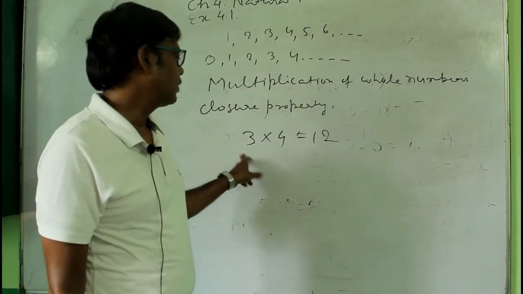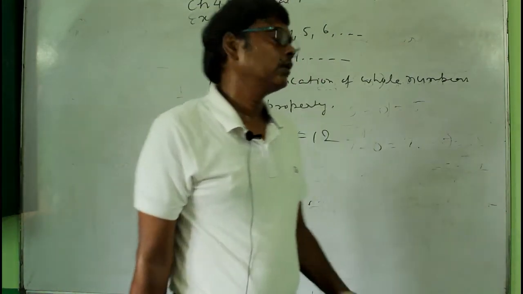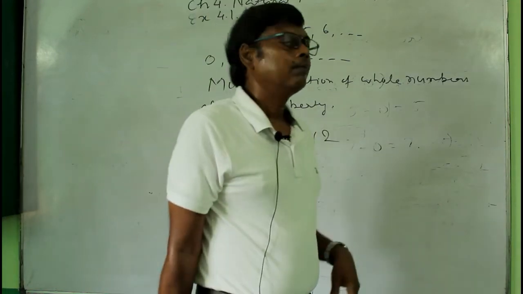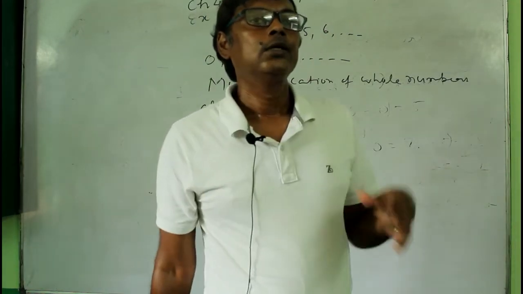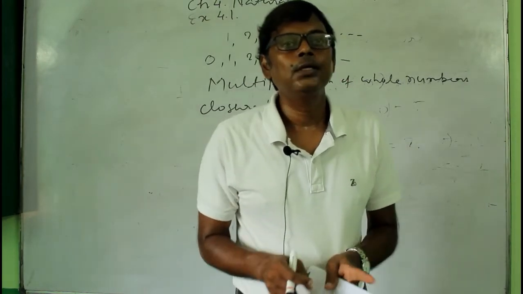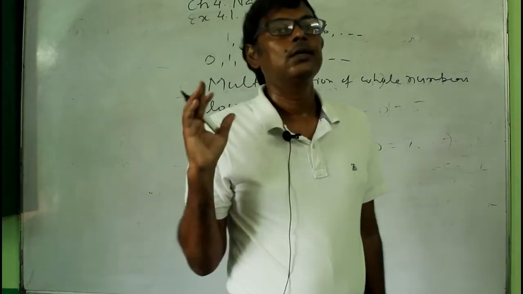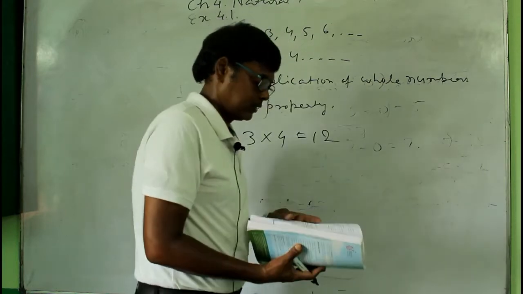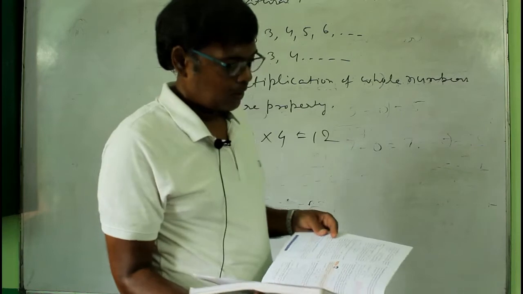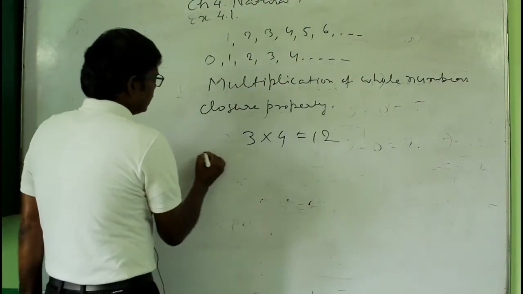This means the closure property is true and valid for the multiplication of whole numbers. That is, the closure property does hold good for the multiplication of whole numbers. So this property is done. The next is the commutative property, the commutative property for the multiplication.